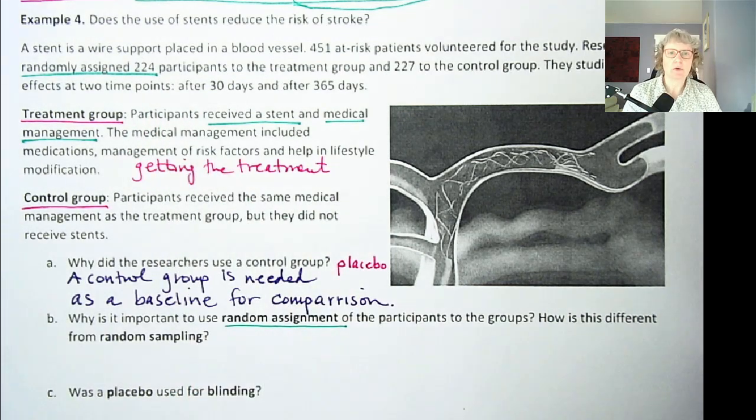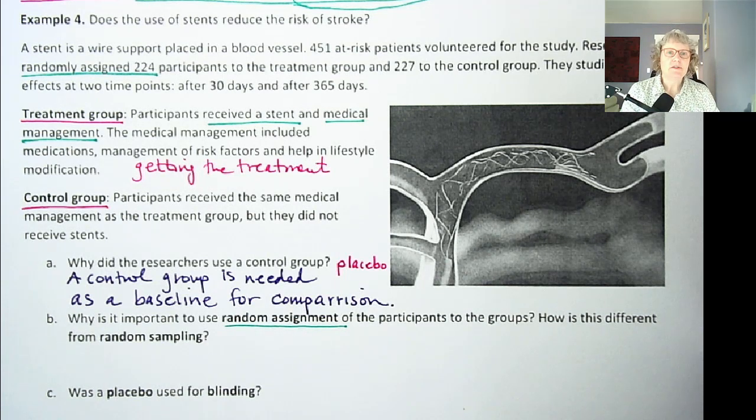Randomly assigned. So this is important because we wouldn't want to say put all the men in one group and all the women in another group, and then where do non-binary people go? That's a different issue. Or we wouldn't want to put all the younger folks in one group and all the older folks in another group, because then age is a variable there.